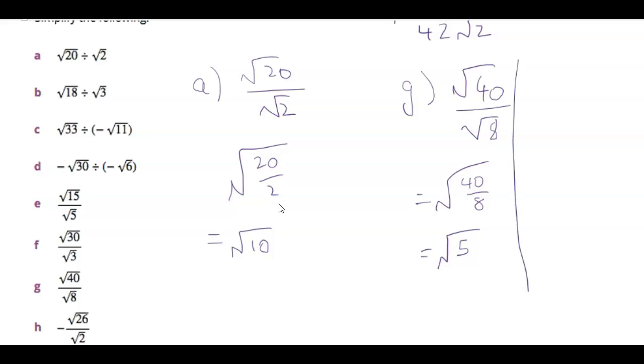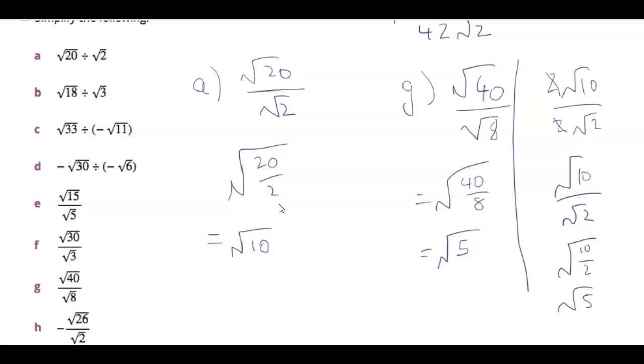Now, if you went ahead and simplified this square root of 40, which becomes 2 root 10, and simplified this, which is 2 root 2, so those 2's cancel out. So now I'm left with square root of 10 and the square root of 2, and then put that all under one fraction.